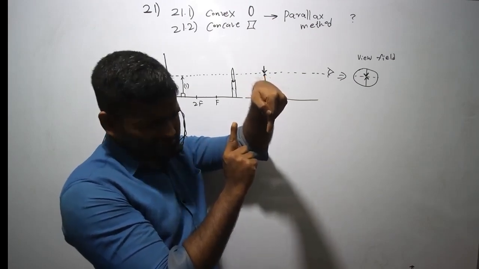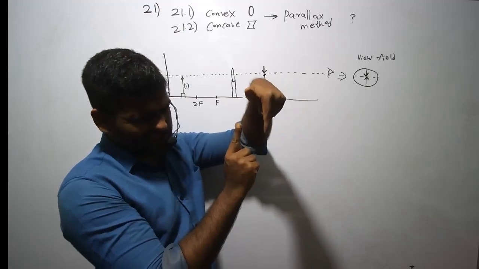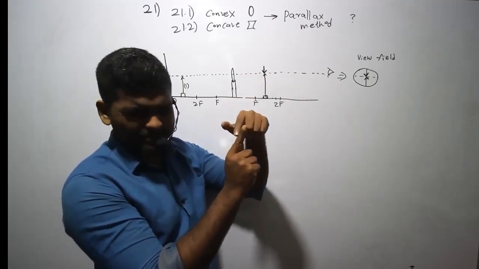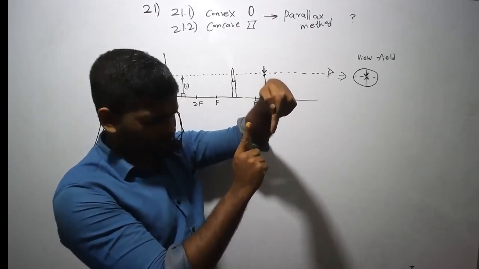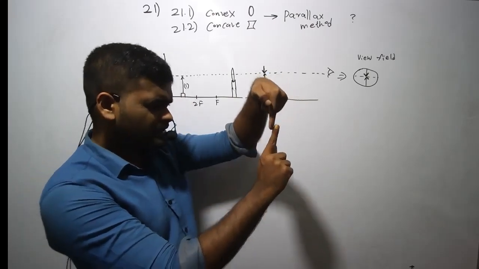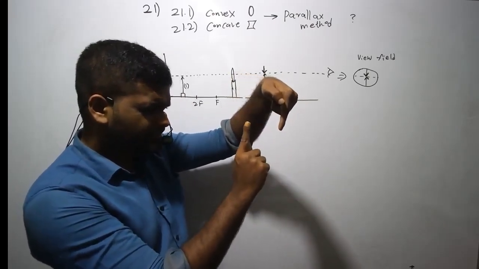What you can see is, in this case, if the image is behind, the image is moving in the same direction as the eye relative to the observing pin. Observing pin is here.